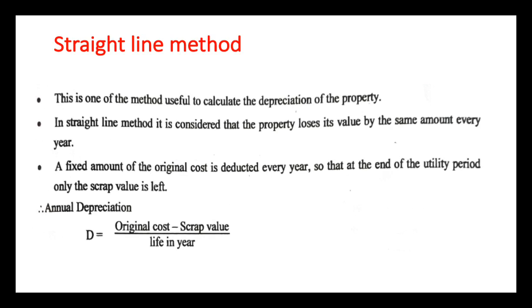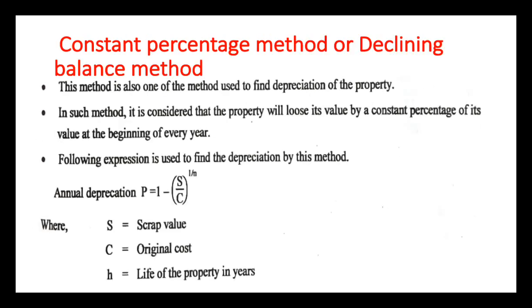Okay. Next method is the constant percentage method, or sometimes it is called the equal percentage method. In this method, the percentage rate for depreciation remains constant throughout the life, whereas the base or the capital sum goes on reducing every year by an amount equal to the depreciation for that particular year.